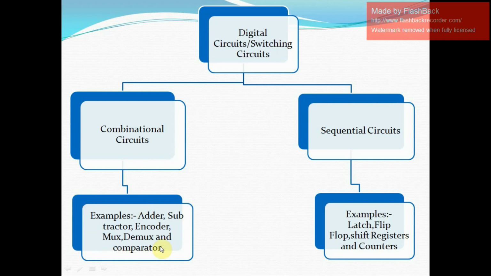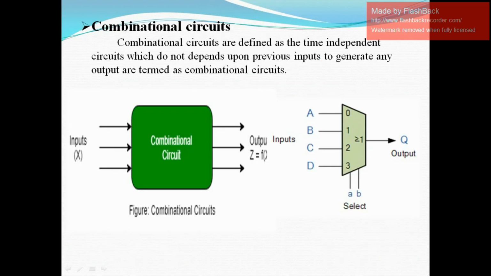We have already seen their working and explanation in the previous topic, that is combinational circuits. Now we concentrate on the second part, sequential circuits, and the examples of sequential circuits are latch, flip-flop, shift registers and counters.